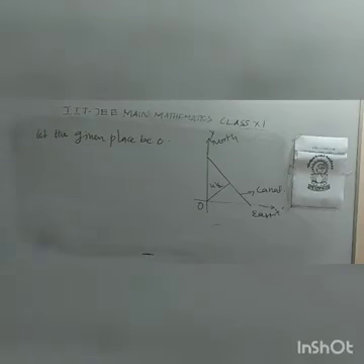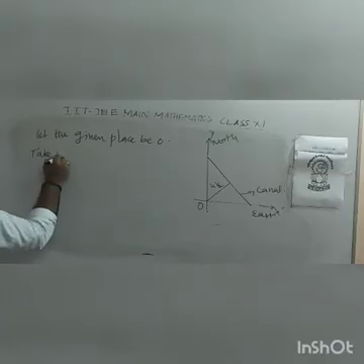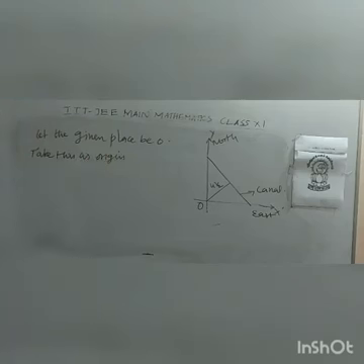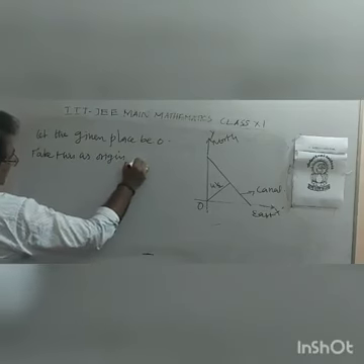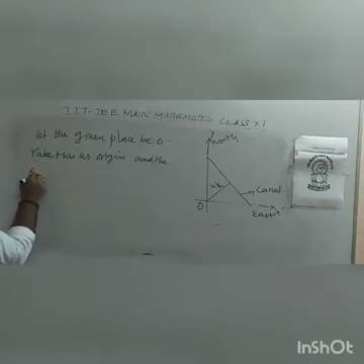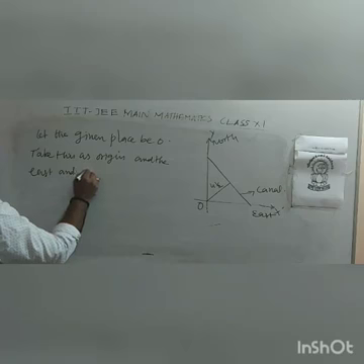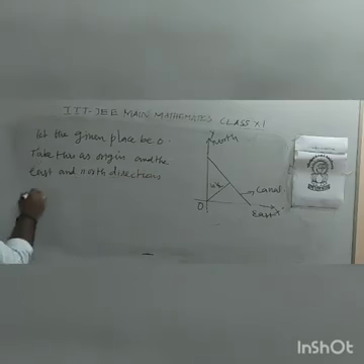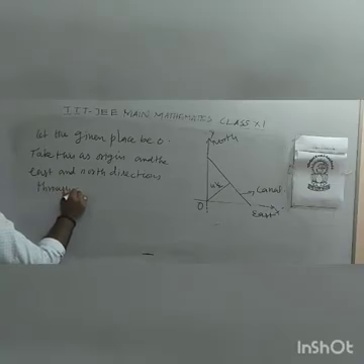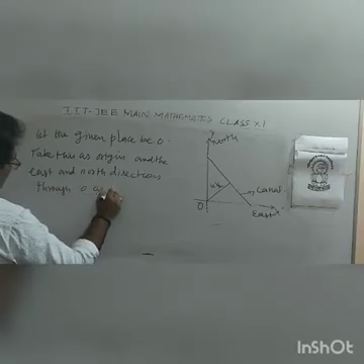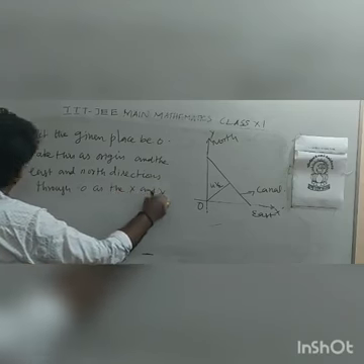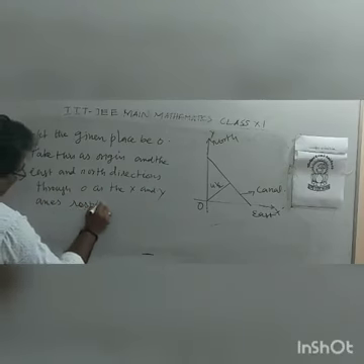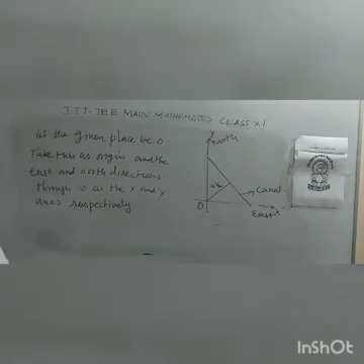Let the given place be O. Take this point as origin, and the eastern and north directions through O as the X and Y axis respectively.